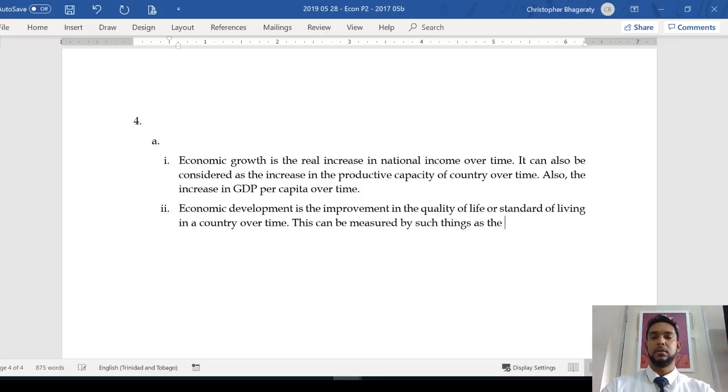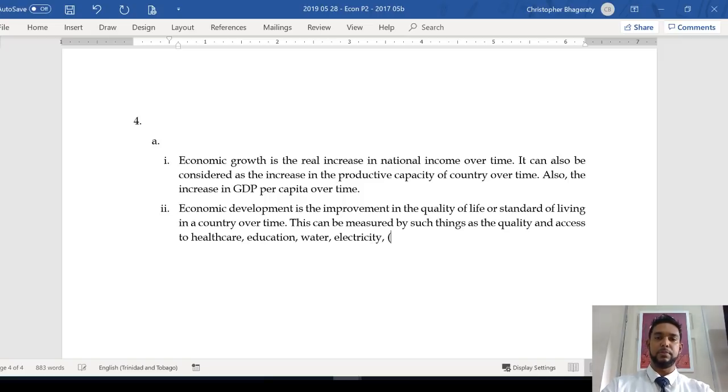the quality and access to healthcare, education, water, electricity, well, basically public and merit goods, which is what healthcare and education are.